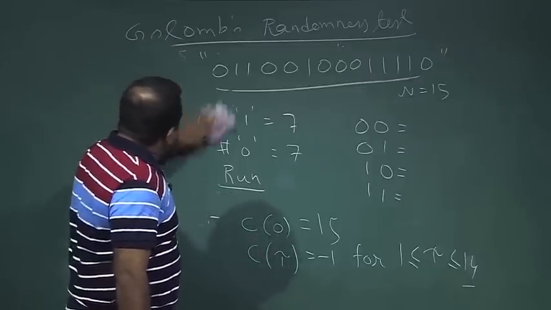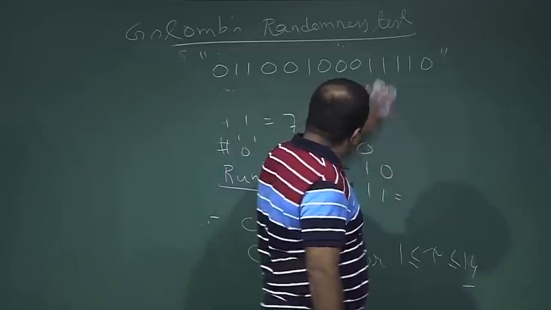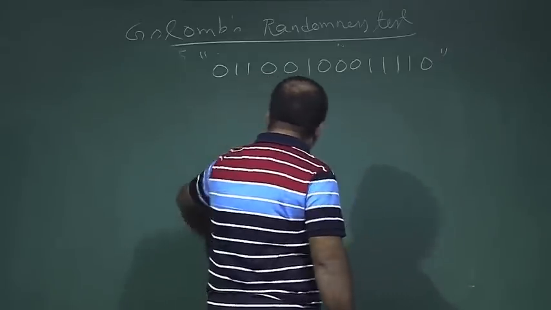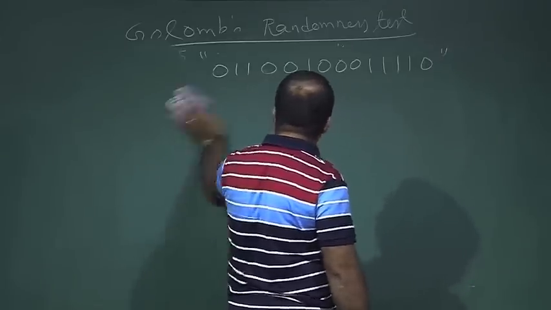Now, let's talk about how we can get this sequence. We know the LFSR is used as a pseudo random bit generator.